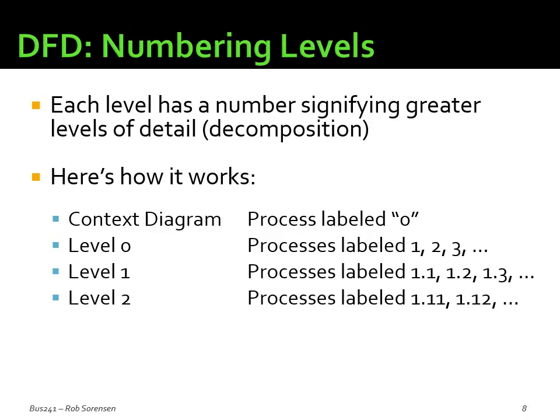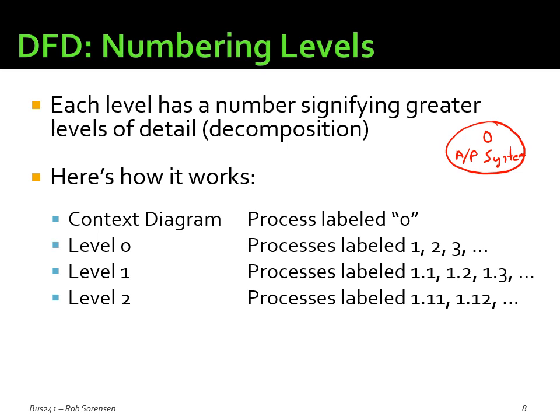Now, there's a numbering convention we want to follow. Every level is numbered. Remember I showed that. I said, we'll have a process, and it'll have a number on it. The very main one for my accounts payable system would be level 0.